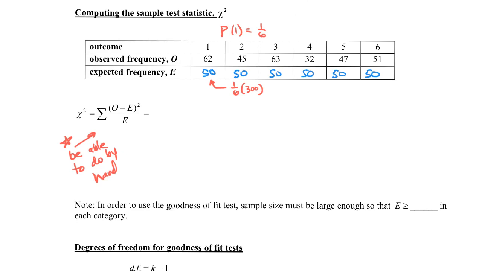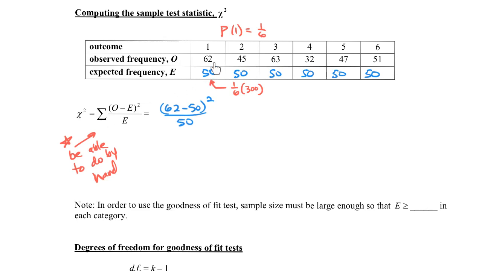Test of independence, don't do that one by hand. Test of independence is 10.1. Do that one, put it in the matrix, let the calculator do the work. But in this case, we can go O minus E. It's a little tedious, but it's not going to be bad. We're not going to have huge data sets here. So O minus E, so I go 62 minus 50 squared over E, which is 50, right?